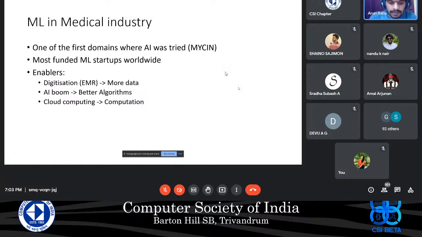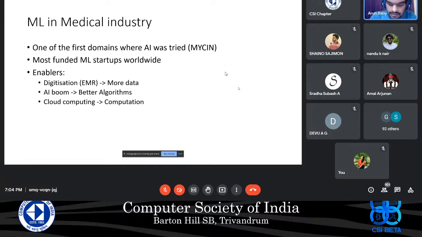Right now, a lot of traction is going on in research and the startup area for the medical applications of AI, and it was one of the earliest applications for which AI was developed.